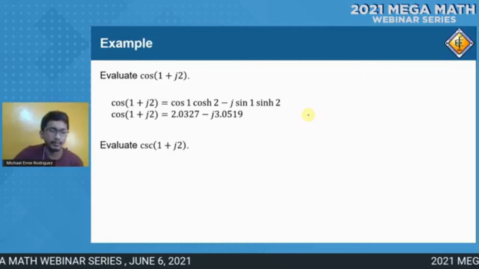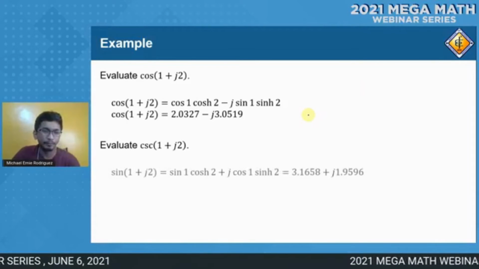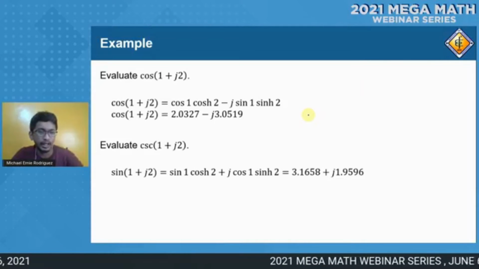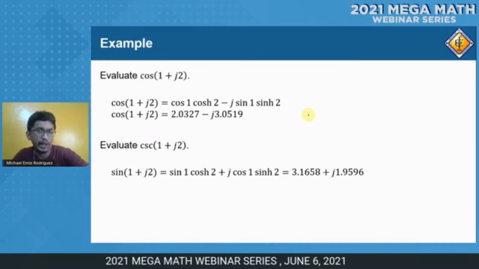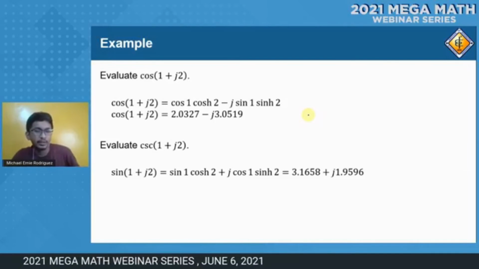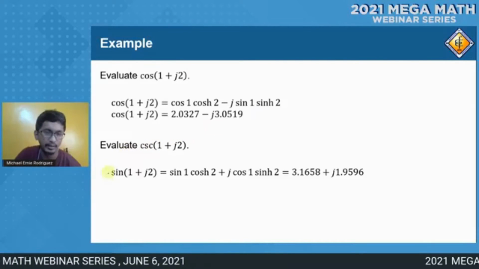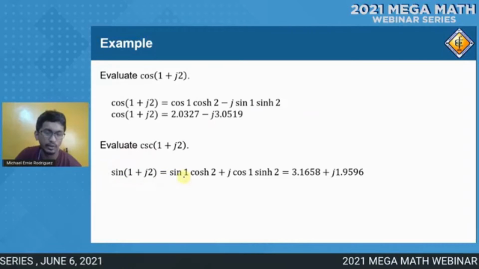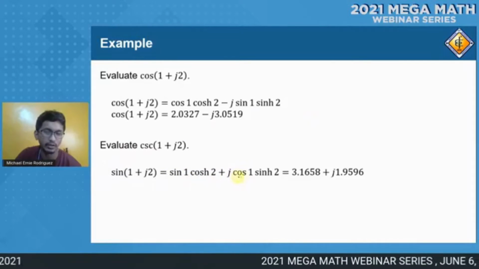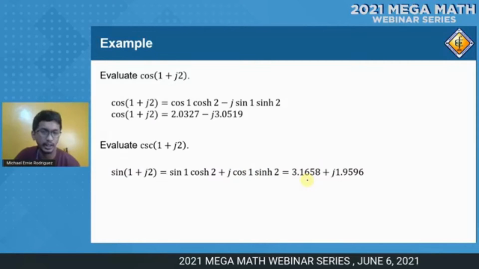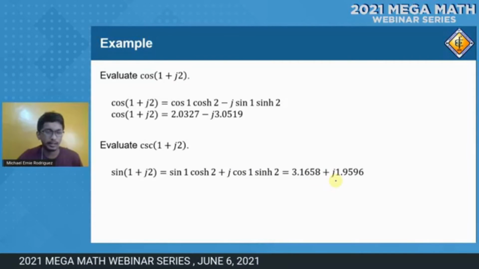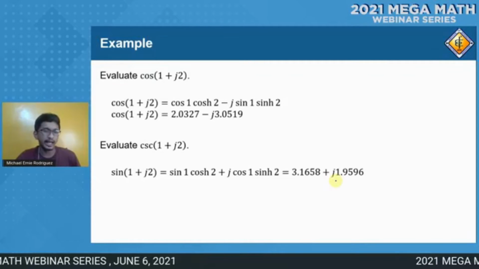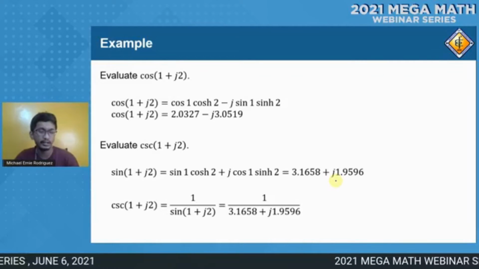And then the next is evaluate cosecant of 1 plus j2. Since your cosecant is 1 over sine z, right? Let us get the sine first. So, we have sine 1 cos 2 plus j cos 1 sinh 2. So, that is 3.1658 plus j 1.9596. And then, getting the cosecant, that is the inverse of your sine.